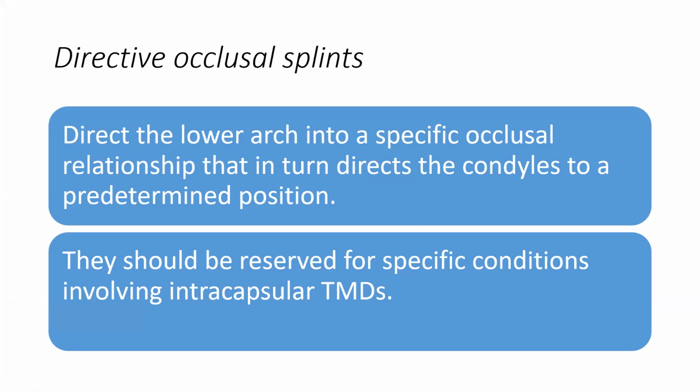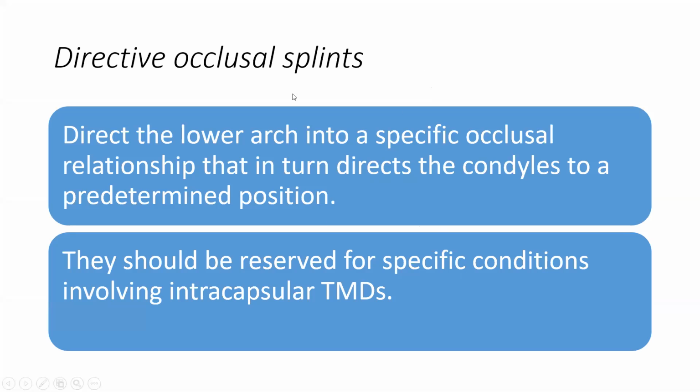And the directive type of occlusal splint is fabricated in such a way that the mandibular position is predetermined, and this type of occlusal splint directs the lower arch into a specific occlusal relationship, and this in turn directs the condyle to the predetermined position.